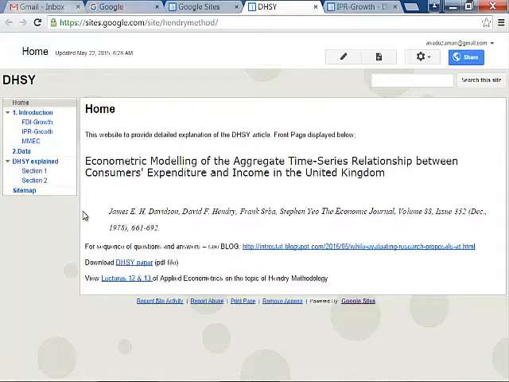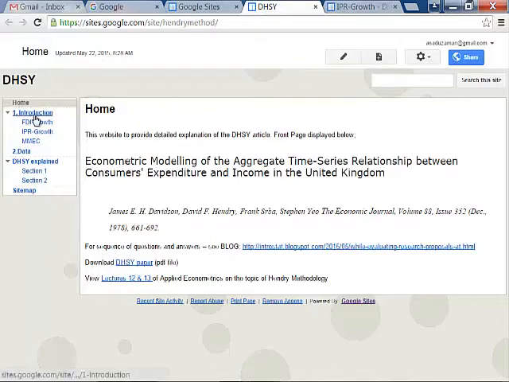This is the most basic relationship, very strongly theoretically supported, that your consumption should be some proportion of your income. In this paper he formulates the methodology, the Hendry methodology as it is called. This is the beginning, the first paper. My view is that if you don't understand this paper, you know nothing about econometrics. If you understand this paper, then you have the beginnings of an understanding of econometrics.